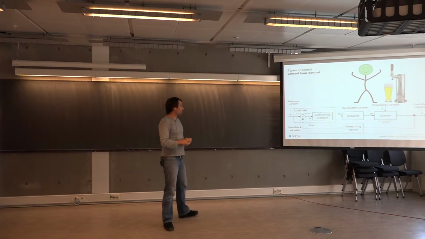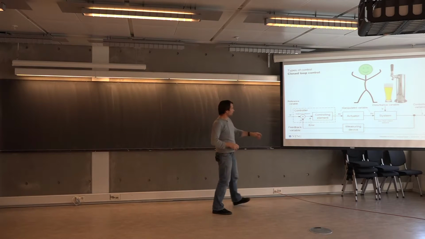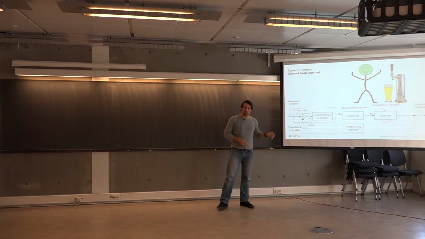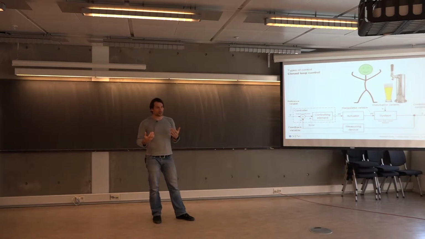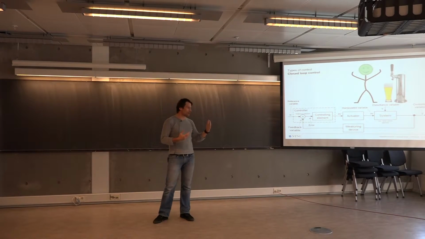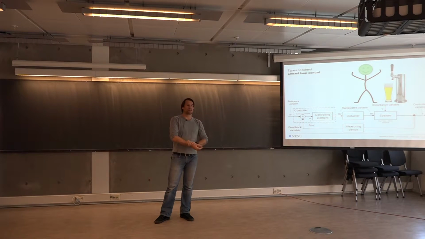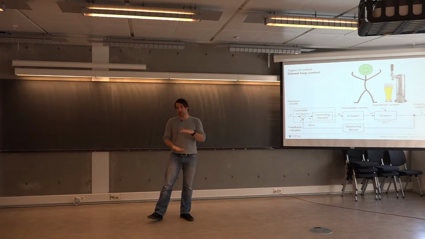and provide this as a feedback variable to the controller, as mentioned, to the brain, which automatically realizes, okay, the reference variable, which is the highest level of beer possible, or the level of beer I wanted to have in the glass, is not yet reached. The feedback variable is less than that.